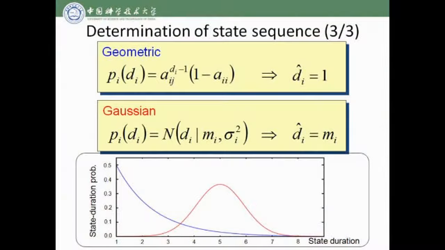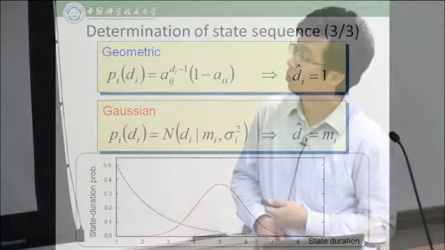Then the state sequence Q can be predicted for an input sentence by maximizing this output probability. If we use a single Gaussian to describe this distribution, then the output will just be the mean of this Gaussian. So it's quite simple.